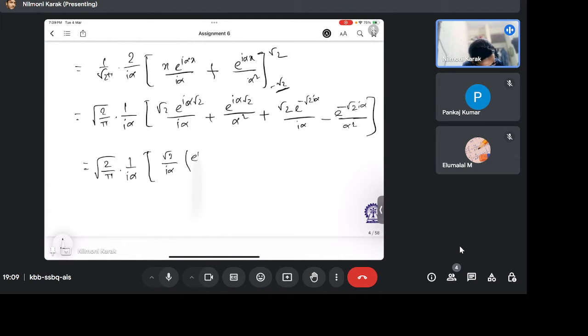Then e to the power i alpha root 2 minus e to the power minus i alpha root 2, divided by 2, and here for adjustment you can take root 2 and 2. Then plus 1 by 2 by alpha square, e to the power i alpha root 2 minus e to the power minus i alpha root 2, divided by 2.